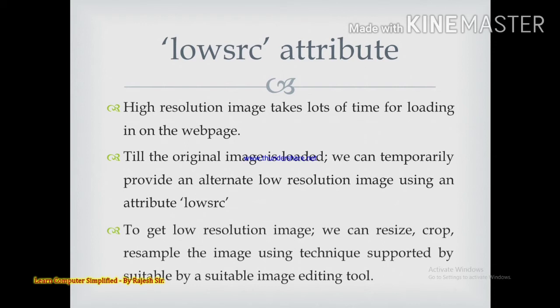Why? Because the high resolution image will also be loaded within a fraction of a second. So the image provided in the low SRC attribute will not get the chance to be displayed. This was used when we had 19.2 kbps 1G technology. At that time the low SRC attribute was used, but right now, if you try to add it, we still cannot see the image.